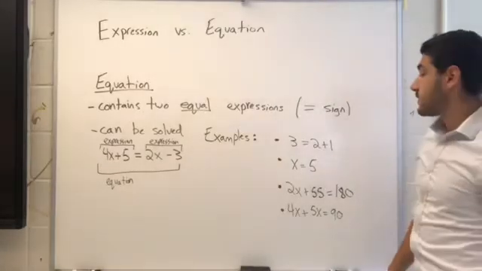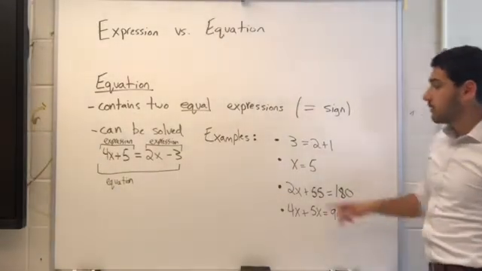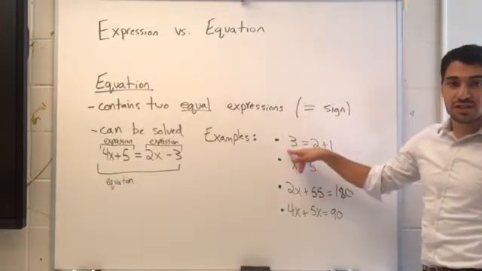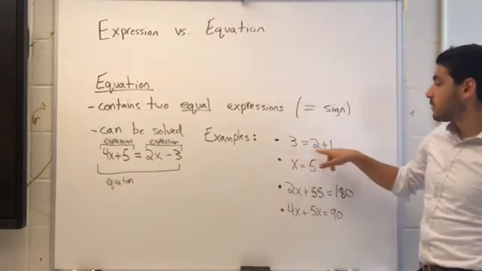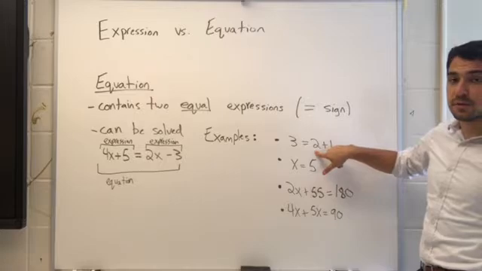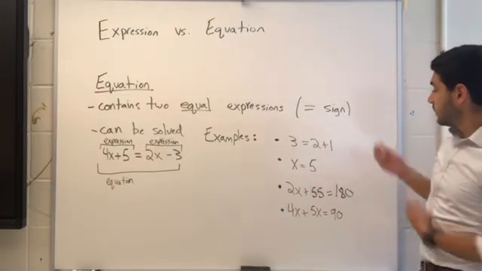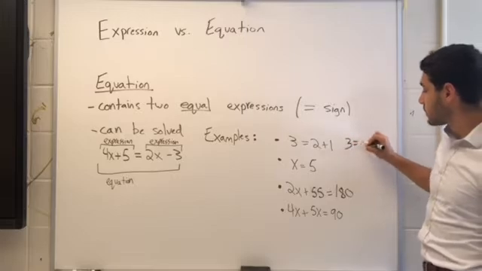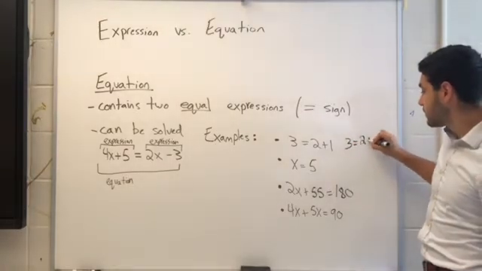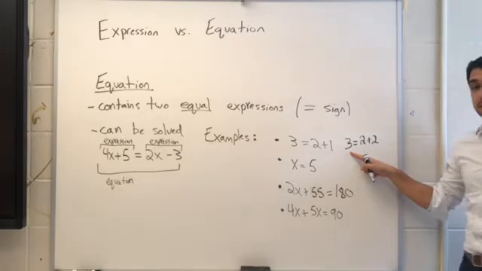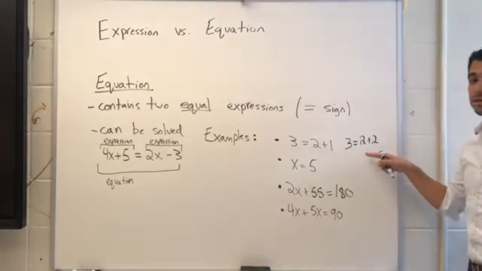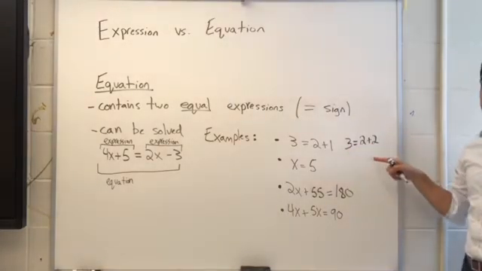Some other examples of equations are listed over here. We have the expression, which is just the number 3, and we have equals the expression 2 plus 1. Now this is something important, because if I were to write 3 equals, let's say, 2 plus 2, this is not an equation because it's not true. 3 does not equal 2 plus 2.